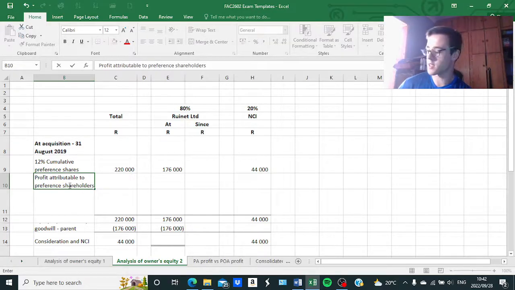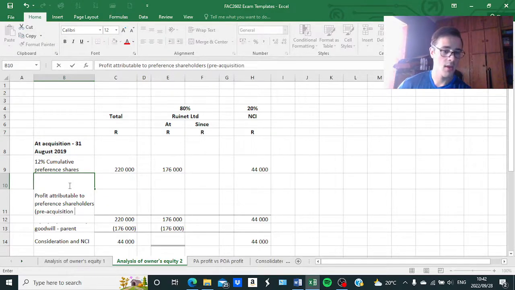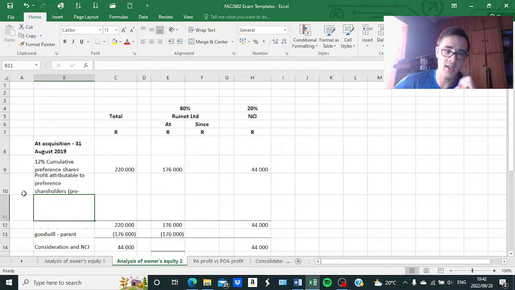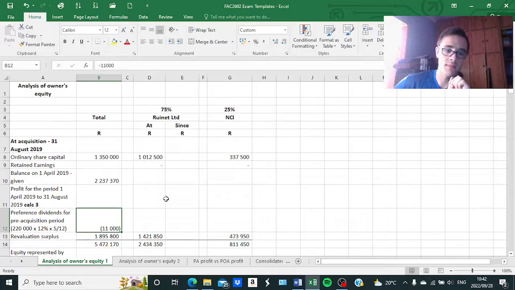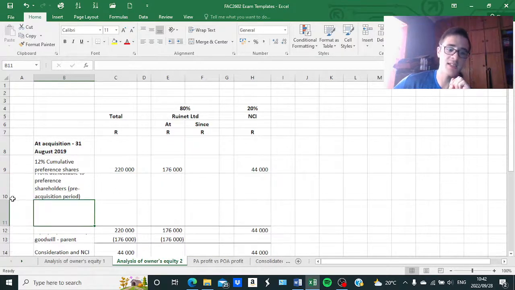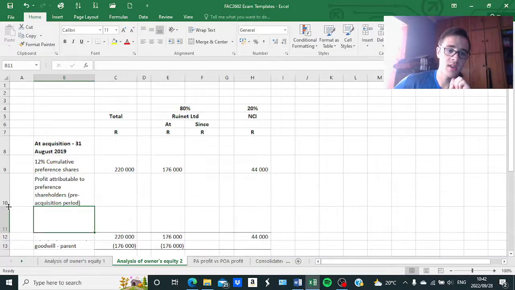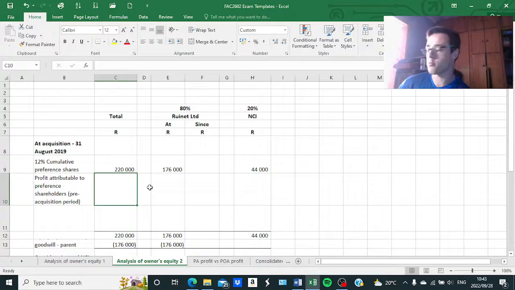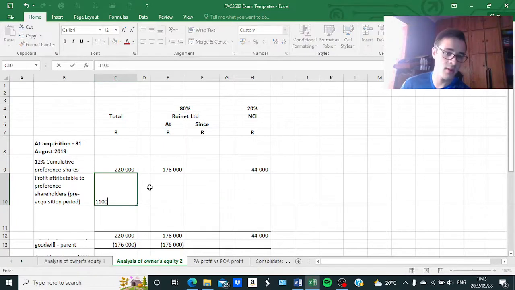And remember, this is for the pre-acquisition period only. This amount will be the same as the preference dividends that you have calculated in this section right here, so it will be 11,000. That is the value of the preference dividends that were paid to your preference shareholders for that period.